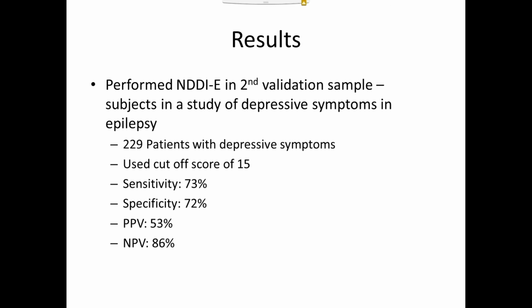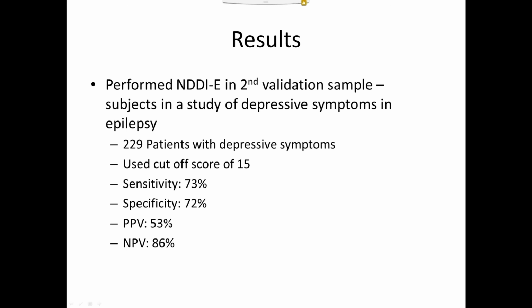And in this validation sample, the sensitivity was 73, specificity was 72. The negative predictive value was slightly less at this cut point than in the undifferentiated epilepsy clinic group, and the positive predictive value was fair.